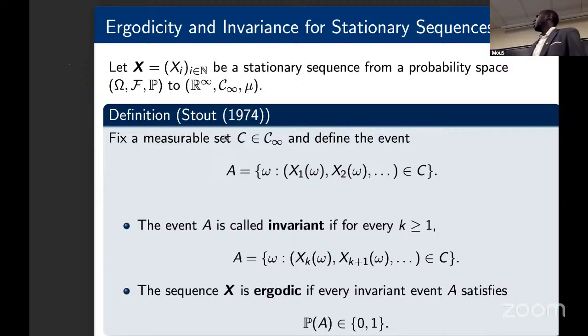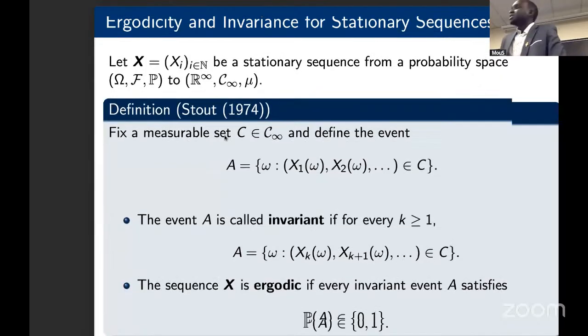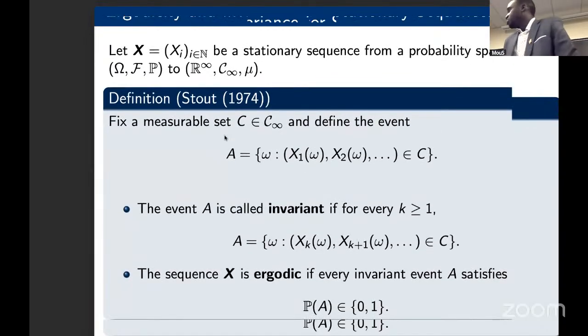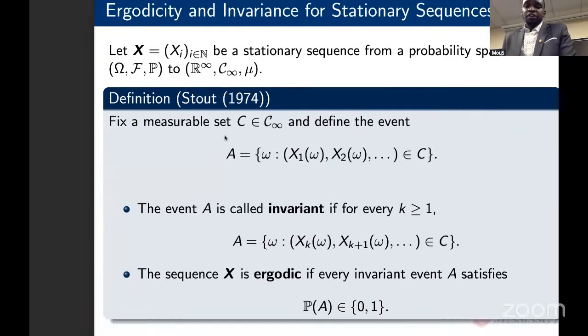We assume that we have a stationary sequence, from a probability space Omega, F, P to the sequence space, which is described by R infinity, C infinity, and some measure mu. And the sequence is said to be ergodic if every invariant set has probability 0 or 1. So this condition must be satisfied to have ergodicity.